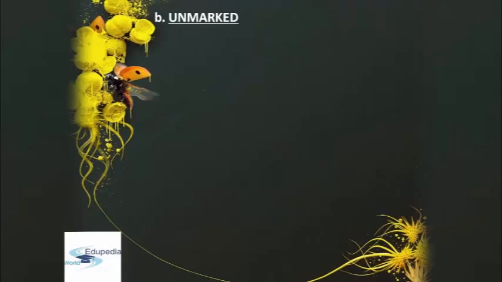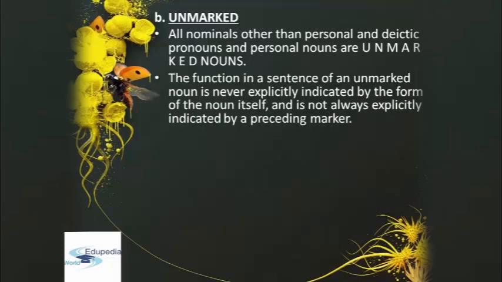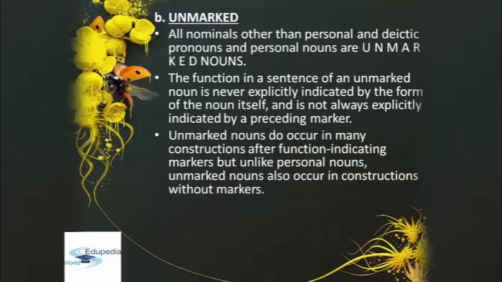The second one, we have the unmarked. All nominals other than personal and deictic pronouns and personal nouns are unmarked nouns. The function in a sentence of an unmarked noun is never explicitly indicated by the form of the noun itself, and is not always explicitly indicated by a preceding marker.